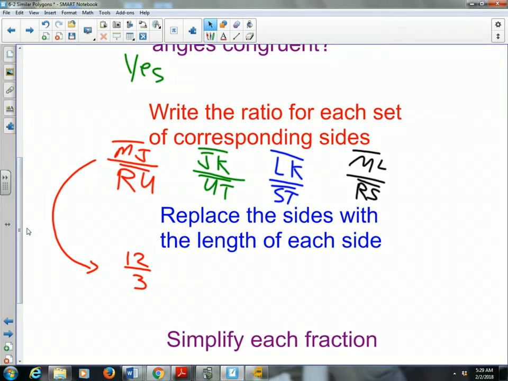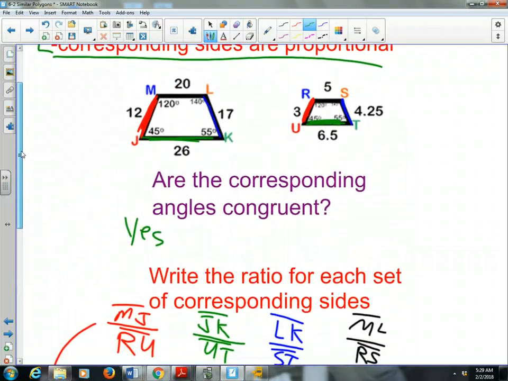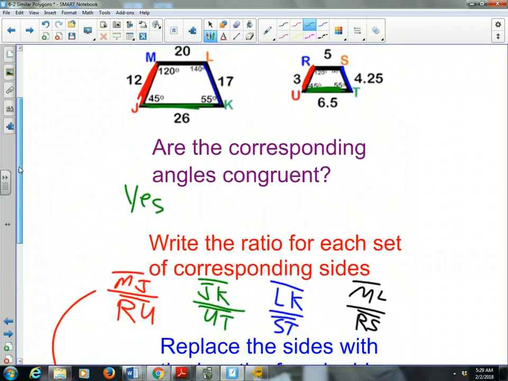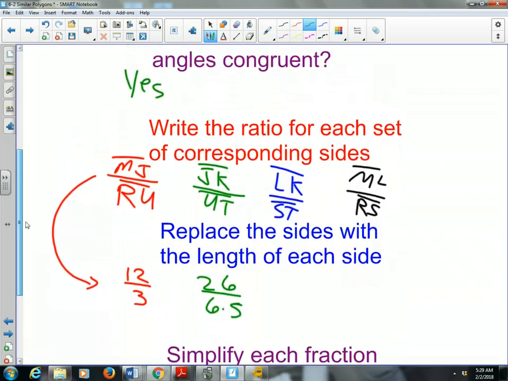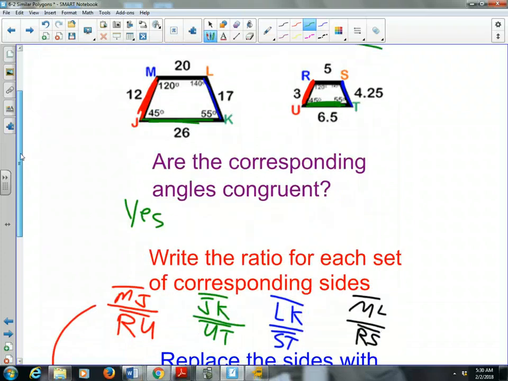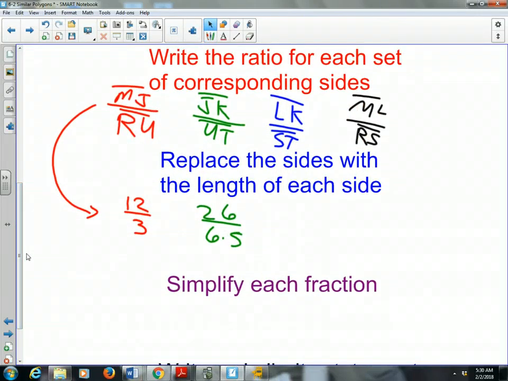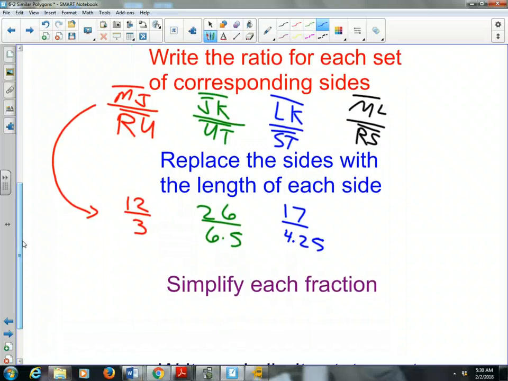And JK divided by UT, JK is 26, UT is 6.5. 26 divided by 6.5. Then I have LK over ST, which is 17 over 4.25. And then my last ratio is 20 divided by 5.